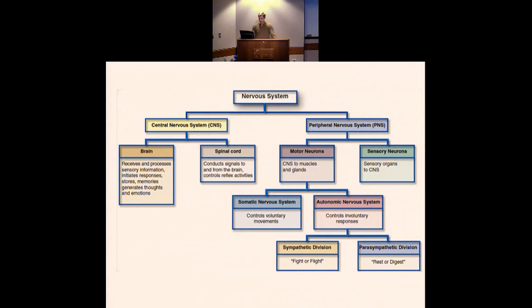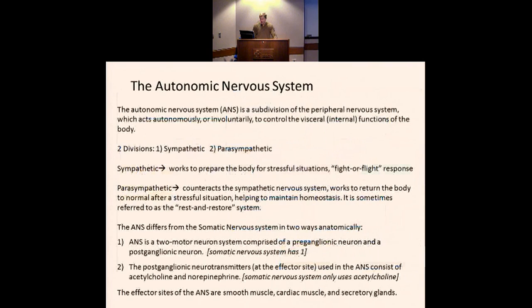You get bogged down in terminology here, but essentially the autonomic nervous system is divided into your sympathetic division and parasympathetic division. Sympathetic division, fight or flight. Okay, that's what we have to think of. And the verbiage for parasympathetics, that's nice, is rest or digest. Your sympathetic system works to prepare the body for stressful situations.